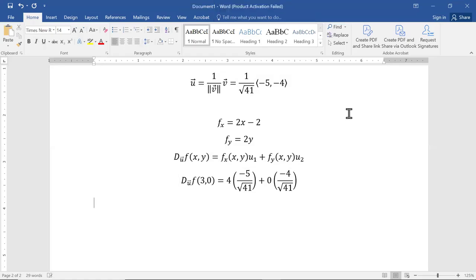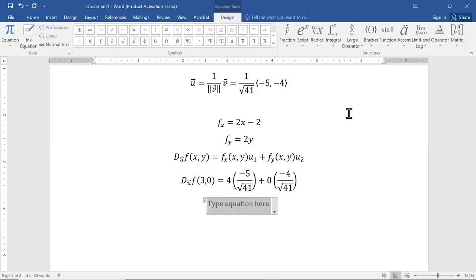And when that's all said and done, my directional derivative in the direction of u at the point (3, 0) becomes -20 divided by the square root of 41. Now, if you take 20 divided by the square root of 41, that's approximately 3.12.